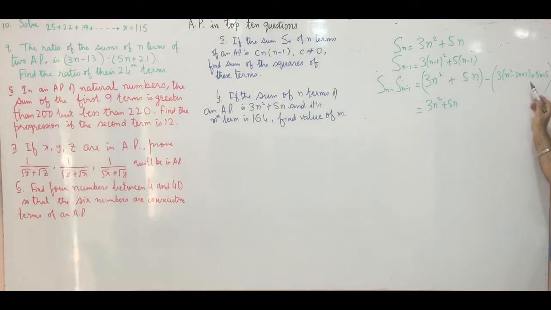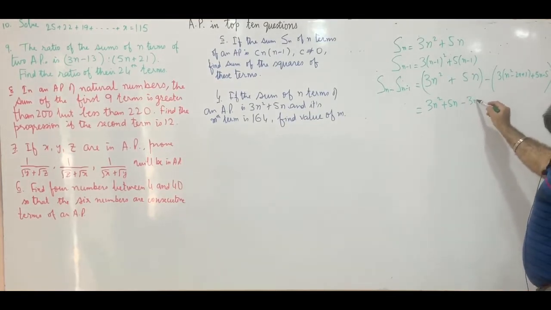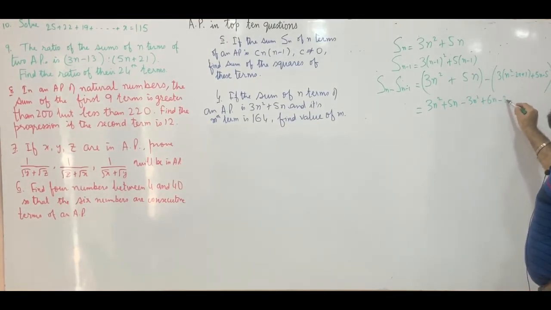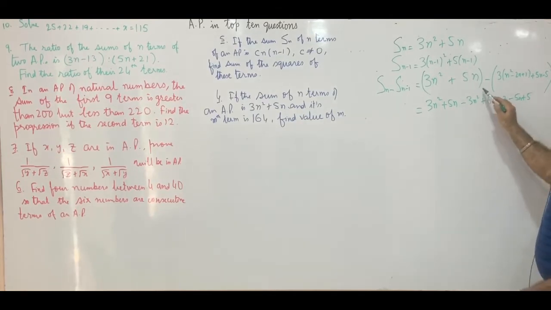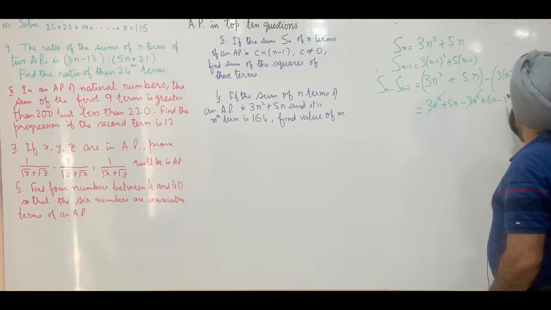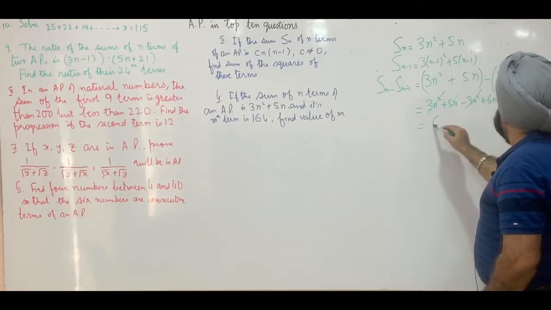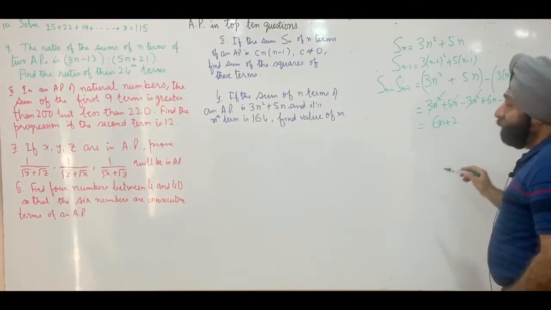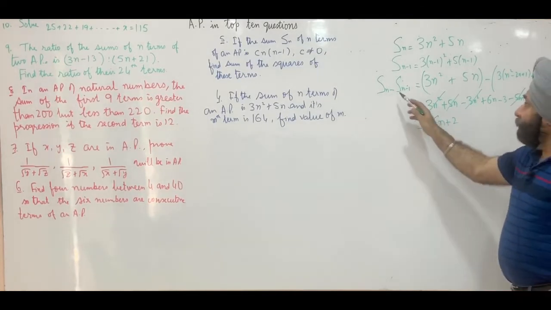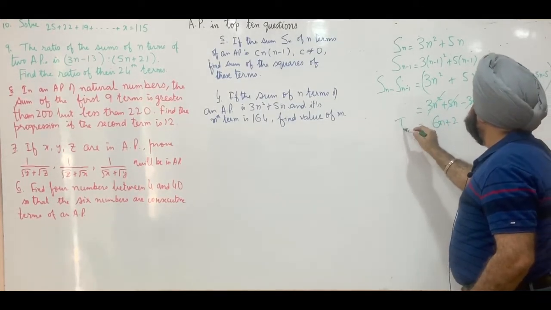We subtract this. This is minus 3n square plus 6n minus 3 plus 5n. Okay, this will be minus 5n and minus 5n and plus 5. So 3n square will cancel out, 5n will also cancel out. This is 6n plus 2, and we know Sn minus Sn minus 1 is Tn.